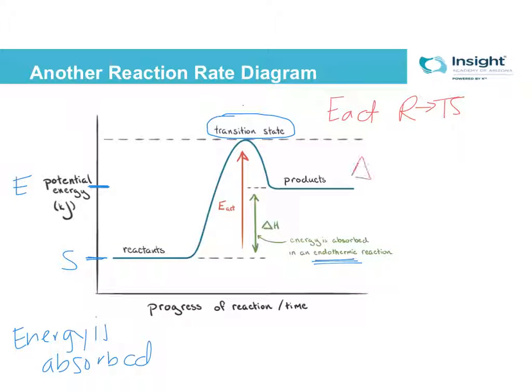Delta H, your heat, is always going to be reactants to products, whatever the difference is there. And you can tell it's exothermic if your reactants started out higher than your products, which means energy is released when the products are formed because there's less energy in the chemicals. And you can tell it's endothermic if your reactants start out lower in energy than your products, because that means energy had to go in or be absorbed to create the products.